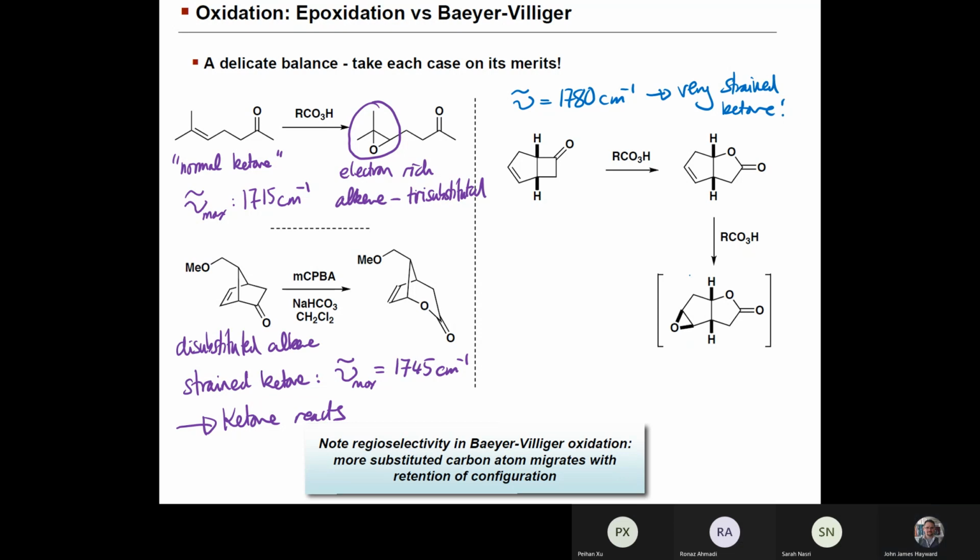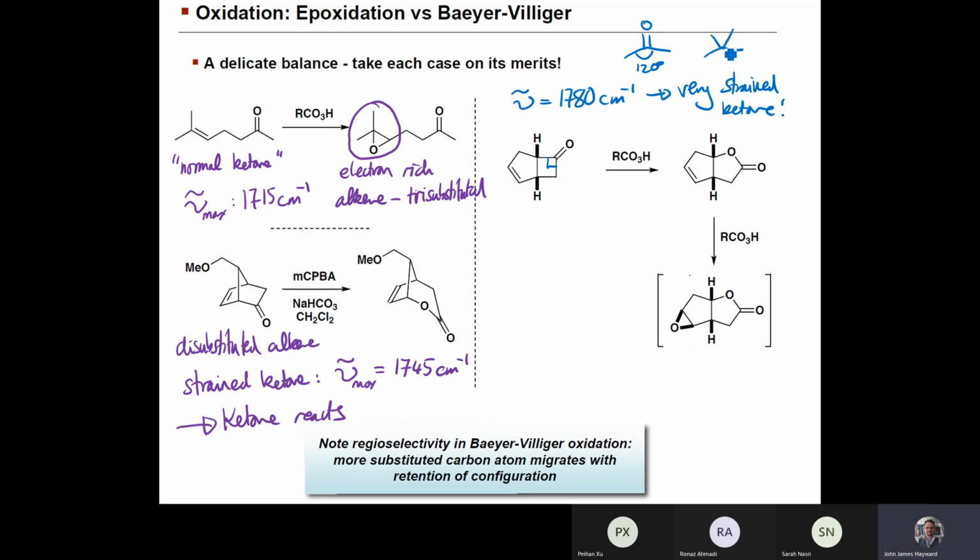It is very strained, and what happens is that when you attack, remember, the ideal bond angle here is 120 degrees. Here, of course, it is 90 degrees.